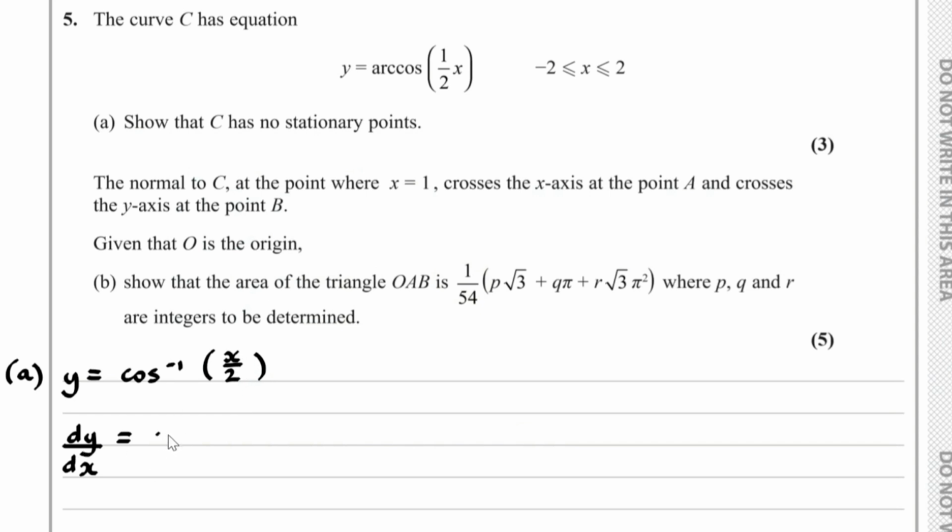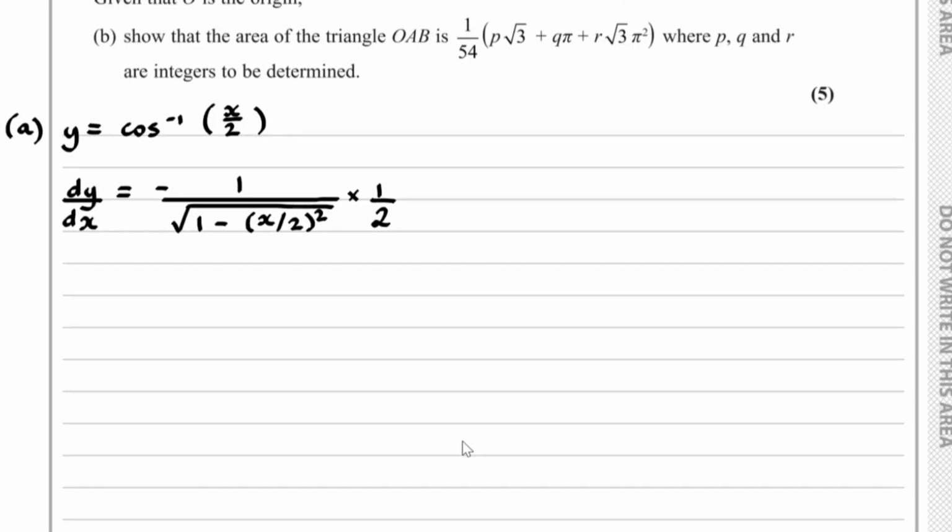So dy over dx is equal to -1 over the square root of 1 minus x over 2 squared, and then we times by the derivative of what's inside the bracket, we times by 1/2. So that's what dy over dx is.